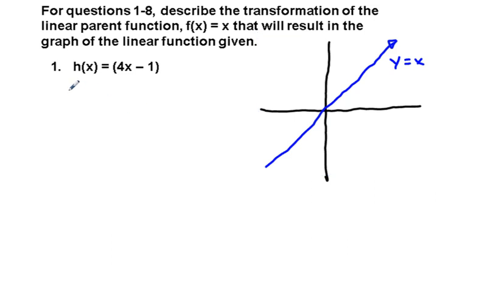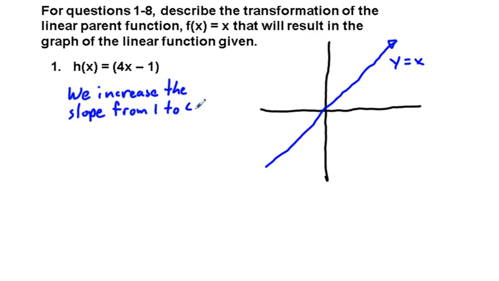So we increase the slope of the line from 1 to 4, and then our y-intercept is going to be -1, so we change the y-intercept to -1.